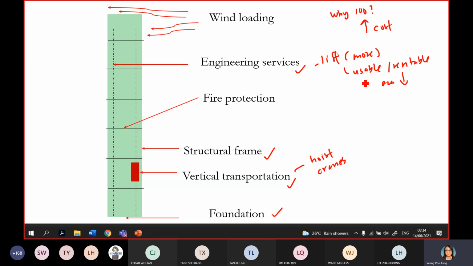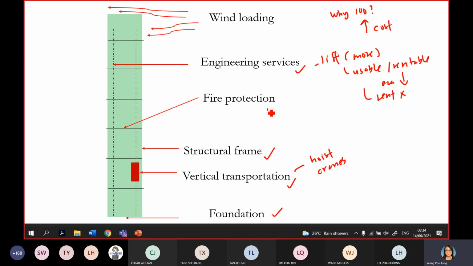So in that case, the usable area, the area that can be rented out, is reduced, which means you cannot rent out more, correct or not? Because the usable area will generate revenue for the developer. But if we allocate more space for lifts and staircases to ensure safety, the usable area will be reduced. We cannot rent out much space.